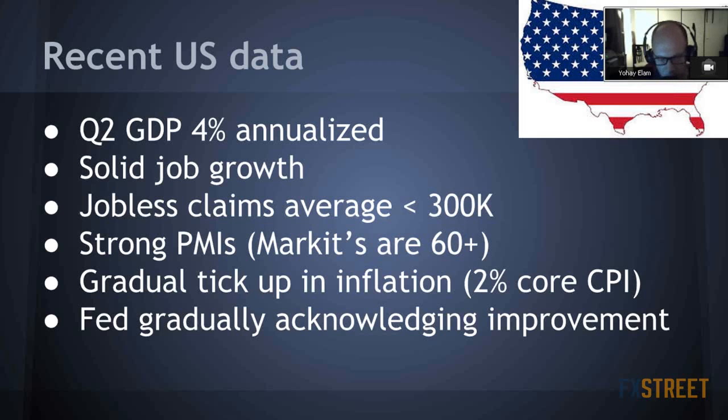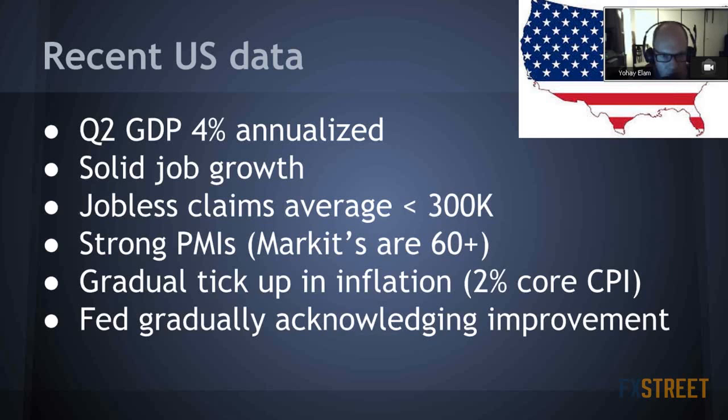The strong PMIs, we have the ISM non-manufacturing PMI right after this webinar. Markit's number has been strong, 60 plus points, but ISM still carries more weight in markets. We've seen a gradual tick up in inflation, 2% core CPI, but we'll talk about what inflation is important. And we have the Fed gradually acknowledging an improvement in the US economy.